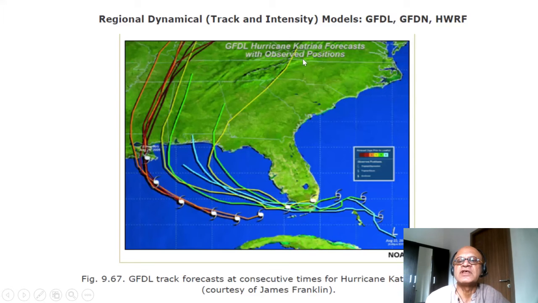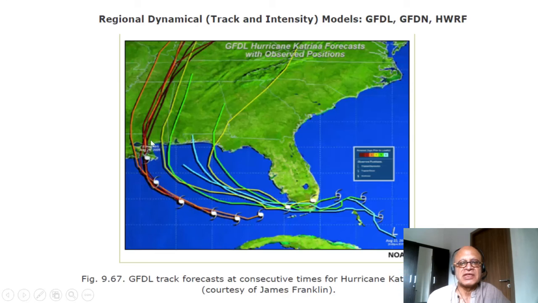So this is the GFDL Hurricane Katrina forecast with observed positions. It's reinitiated at several times along the way, and this is at the end, and you can see it did make landfall here over New Orleans. There were some confusions about the intensity with which it would hit, but in the end the impacts were much more related to the breaking of the levee that was to hold the waters out and so on.